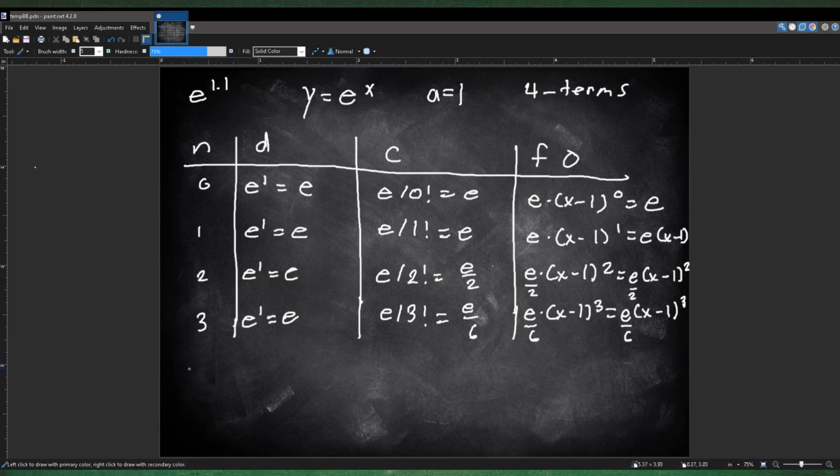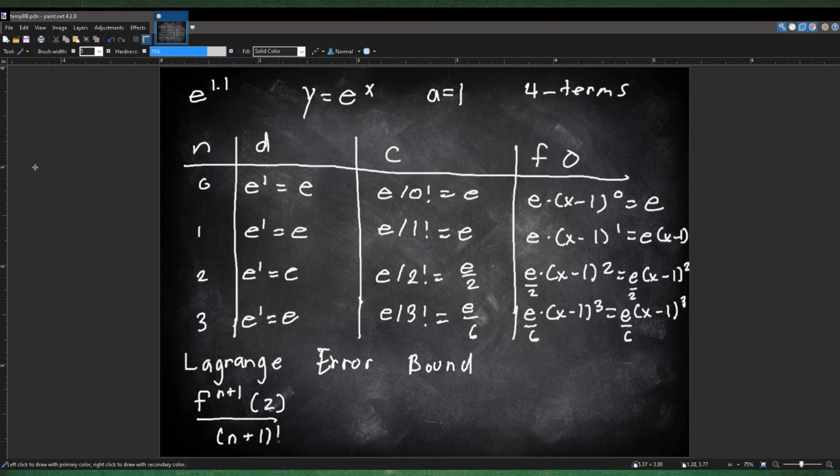So what we have is something called Lagrange's error bound, which basically states that if you have f of n plus 1 of z divided by n plus 1 factorial, times the absolute value of x minus a to the power of n plus 1.